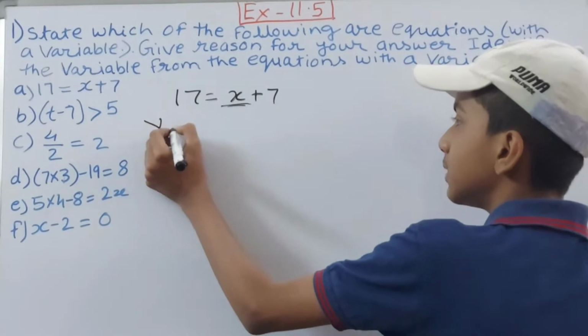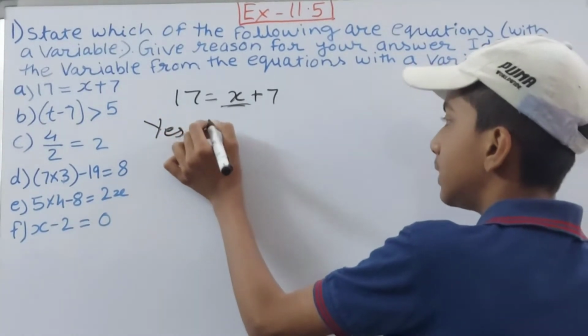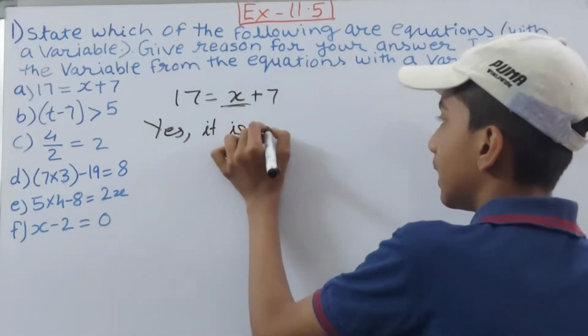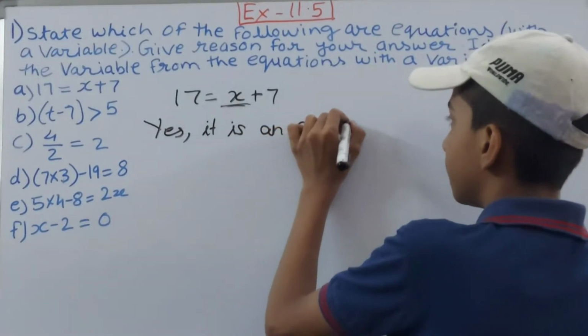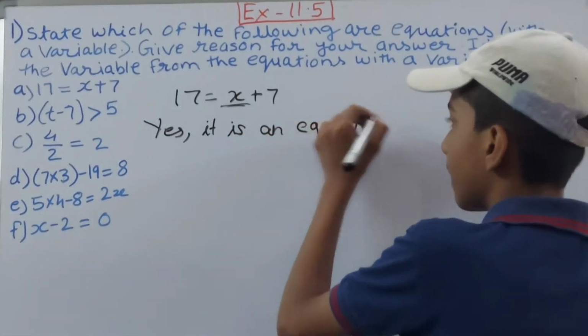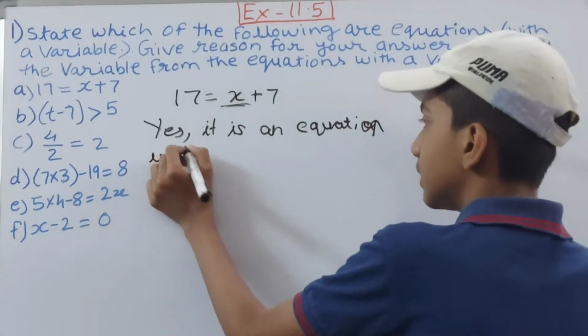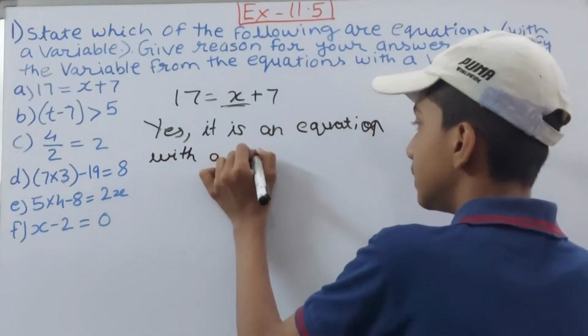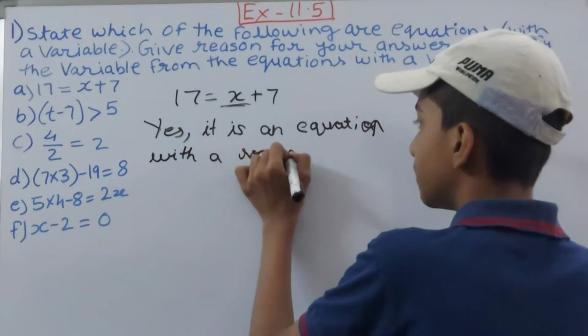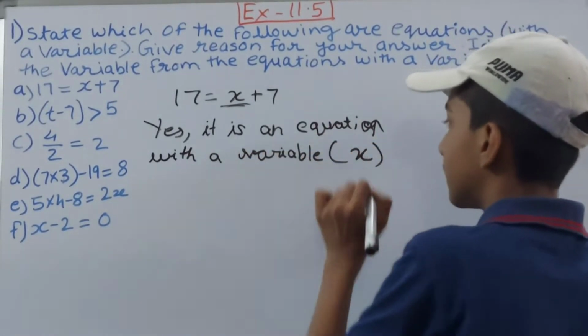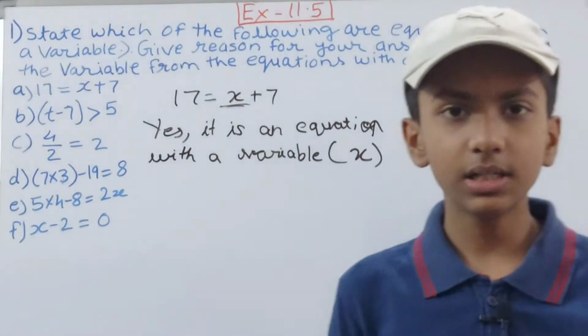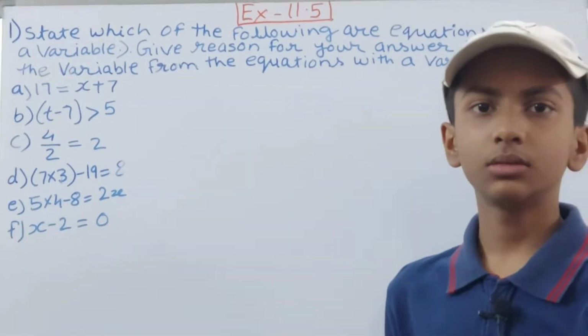So yes, you can write here it is an equation with a variable, and that variable is what? X, right? So you can write x in the brackets. So this is x. Let's move on to the b part.